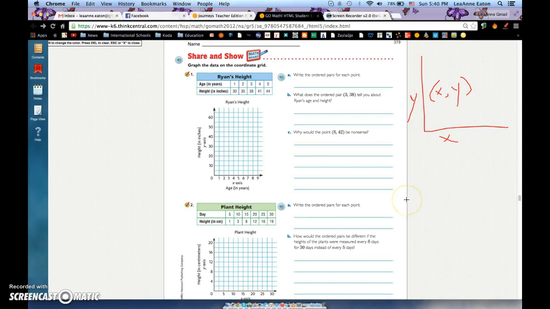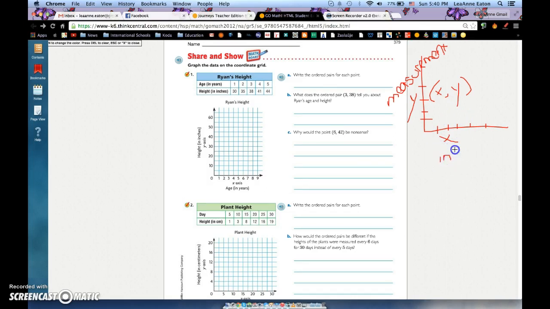Typically, your x is going to be your increments, your intervals, and y tends to be your measurements. I'm going to write measurements.